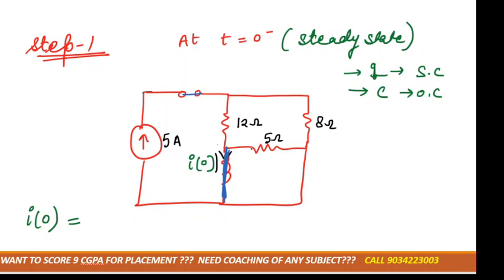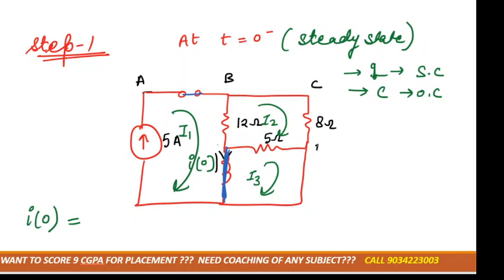How many meshes are there? Tell me. Three meshes. This one we can consider I1, this one I2, and this one I3. Three meshes means three variables, and we have to write three equations, right?